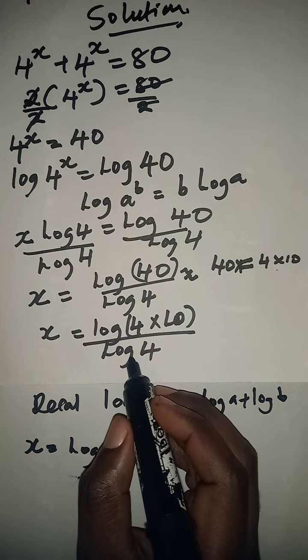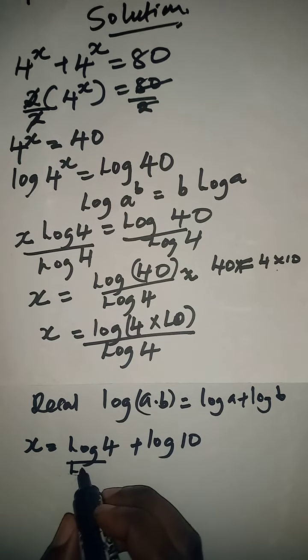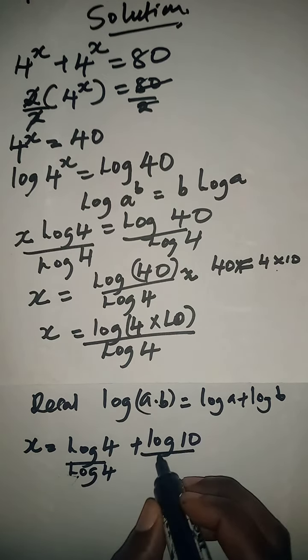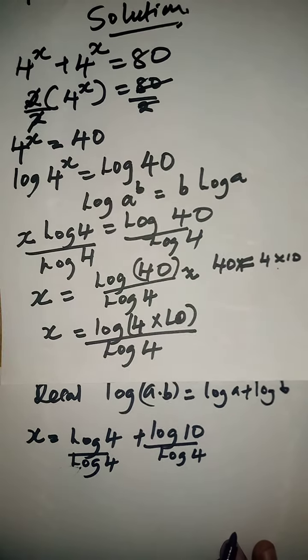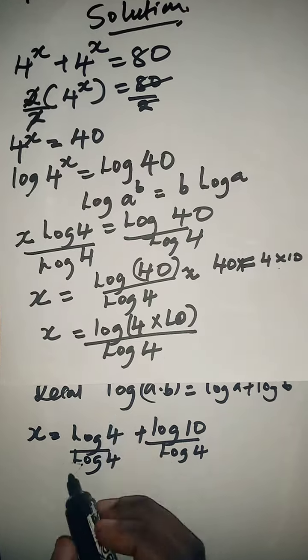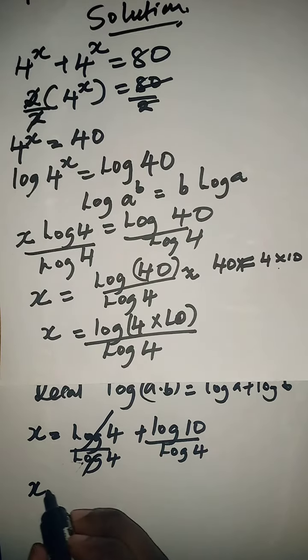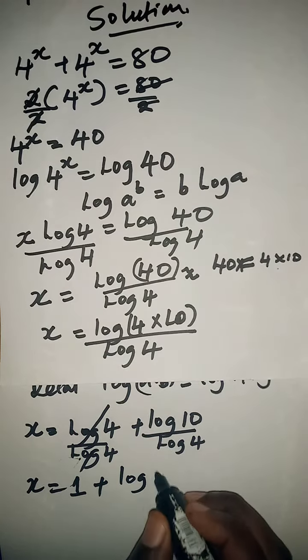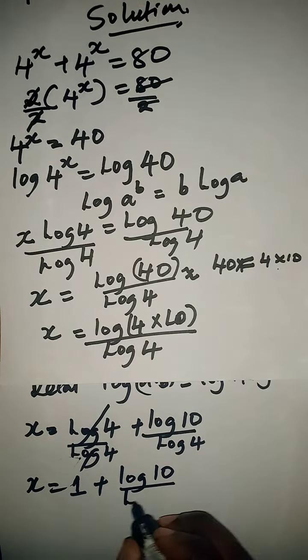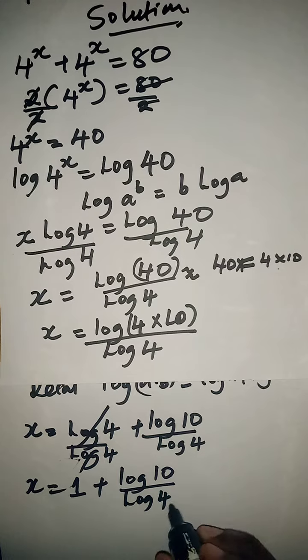Since the denominator is similar, I'm going to rewrite it under the same common denominator. Of course, when I express this, I'm going to get x equals 1 plus the log of 10 divided by the log of 4.